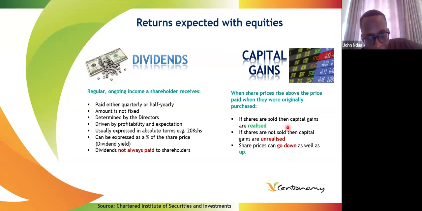It exists on paper, but you have not realized, it's not yet in your pocket. You can only say it's realized when you sell the shares. So capital gains can only be converted to cash flow when they are sold. Okay? So those are the two ways in which you can get money or can get returns from shares.